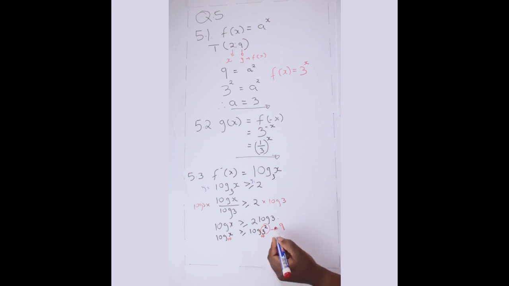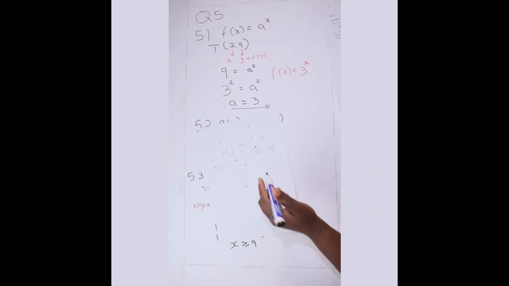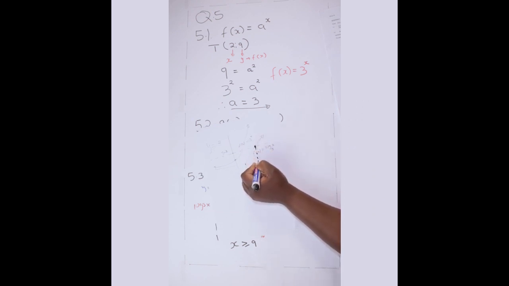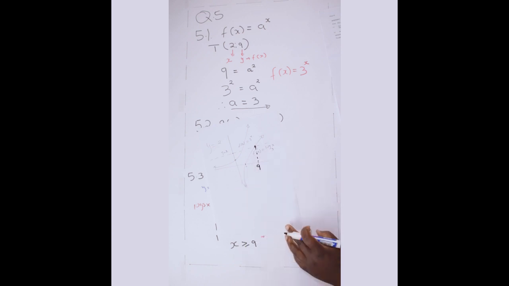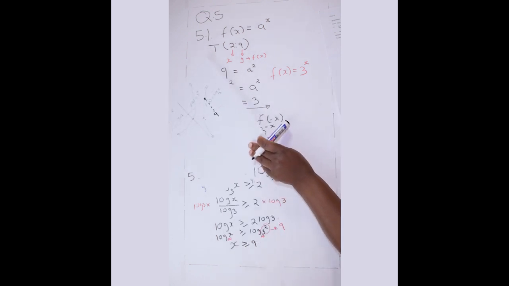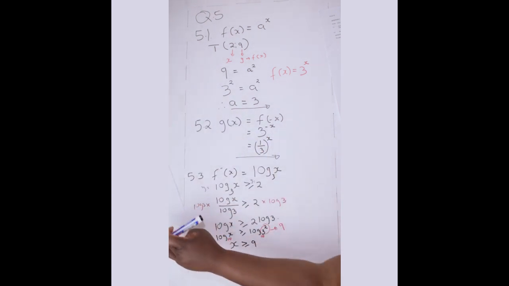So that means that our x will be greater than or equal to 9, which means that the point that we are talking about here in terms of graph is whereby our x is equal to 9, and everything that is more than that will make the graph of log be on top of the graph of a straight line.